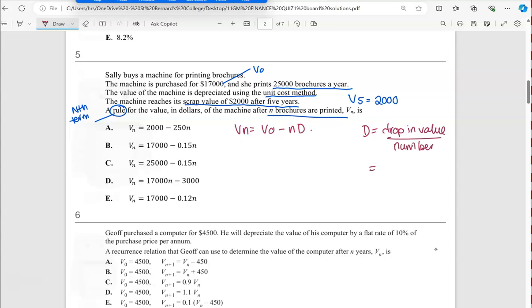So if I think of the drop in value, it went from 17,000 down to 2,000. So it has dropped 15,000. But you can just put it like that if you want. And then the number of uses, it does 25,000 per year. But how many years have we been? 5.